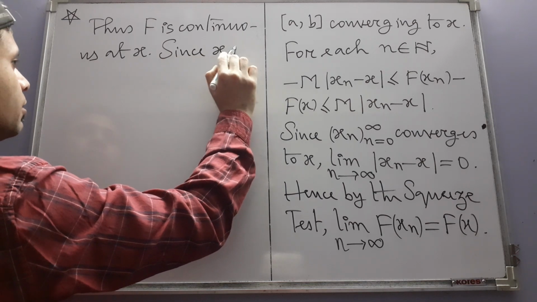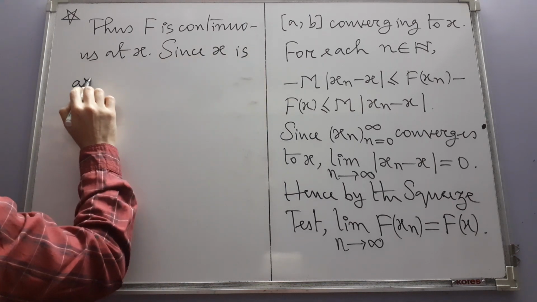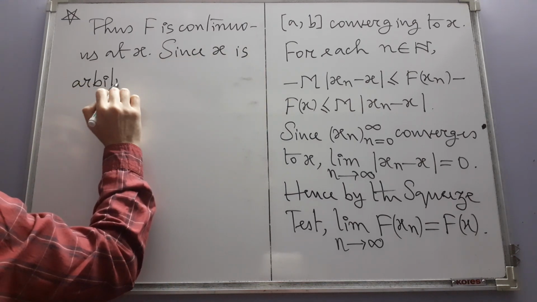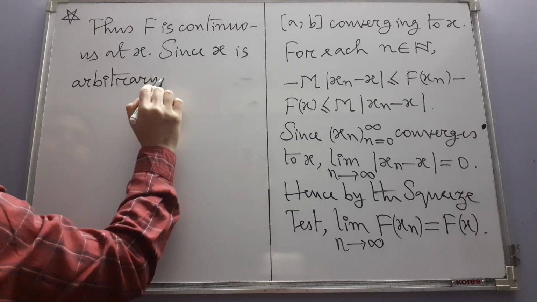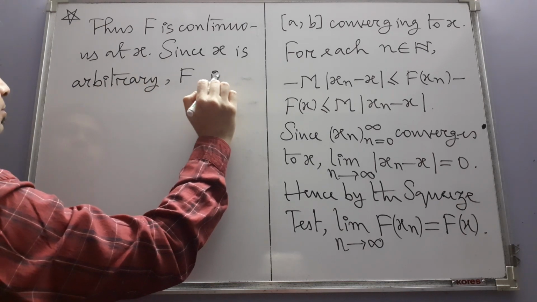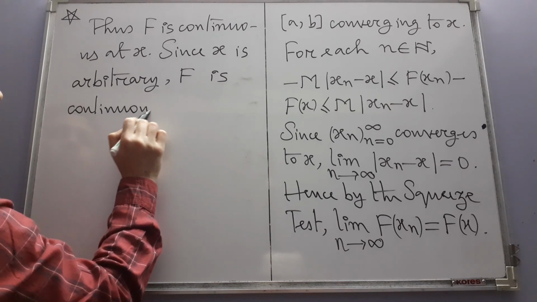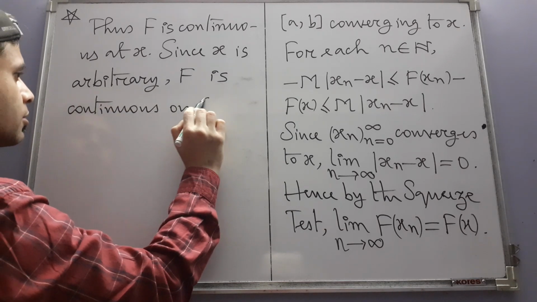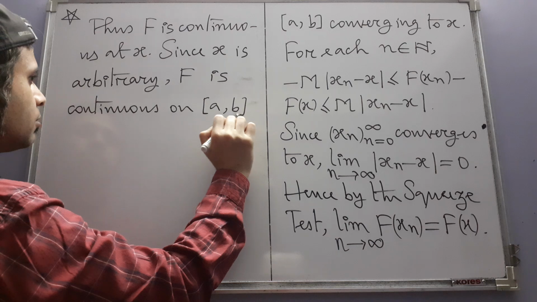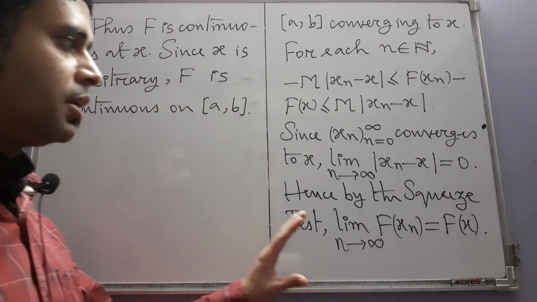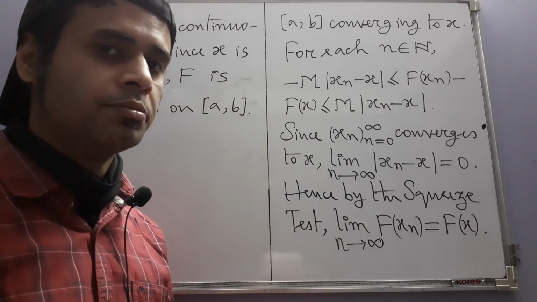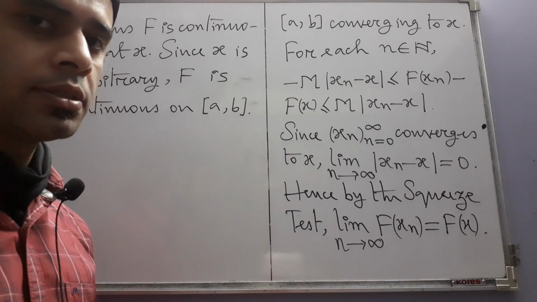Since x is arbitrary, F is continuous on [a, b]. So we have proved one half of the claim. Now we go for the second half.